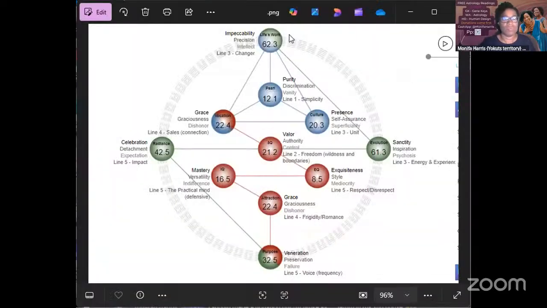So in the gene key chart, we have iterations of how those things go. The 6 would be on this side, the 3 would be on this side. So the 6 would be a component of how your life's work is happening for you, and how evolution or how challenges cause you to overcome.